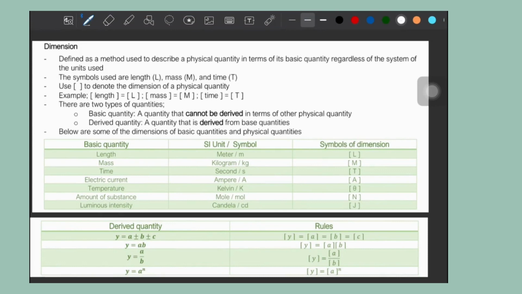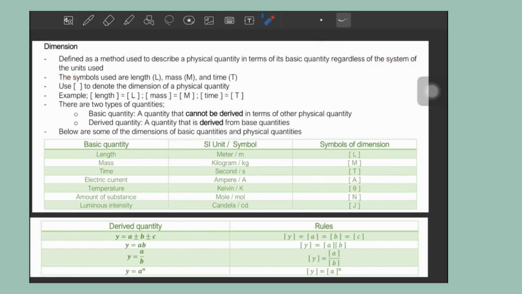Alright, before I go into the example, let me emphasize again on the dimensions. Dimension is defined as the method used to describe a physical quantity in terms of a basic quantity regardless of the system of unit used.